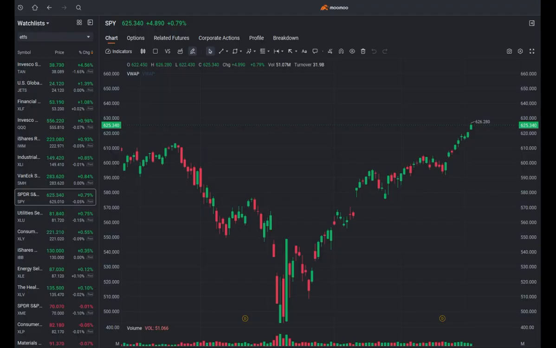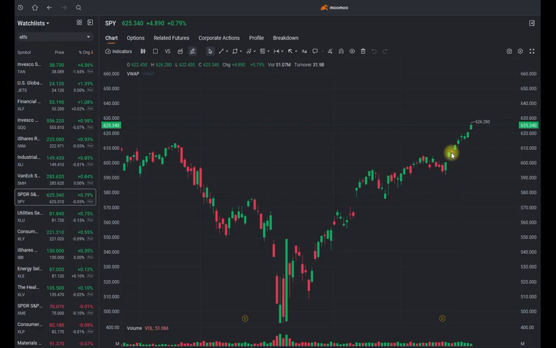Of course you can look at the daily chart, and if we're looking at the daily chart of the S&P 500, we see that we are in a clear uptrend. We broke over this, let's call it 600 level, and we are now trading at all-time highs, and over the last 11 trading days, there is not even one that was red.